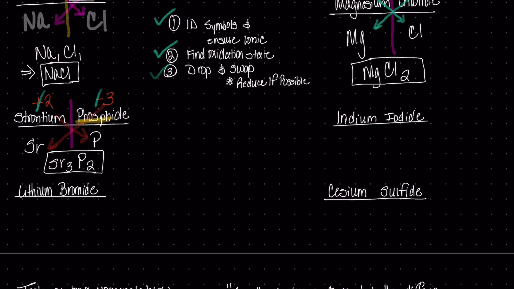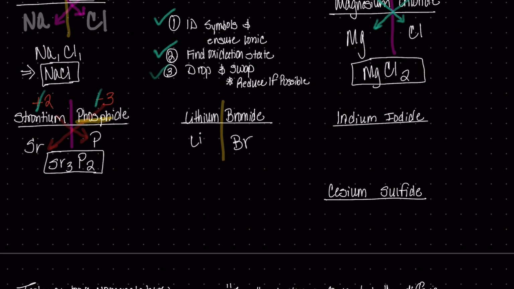Now let's get a little more interesting here. Now let's do lithium bromide since it's right here. Split it in half. You're dealing with one side at a time. Narrow the field, as it were. Lithium's chemical symbol is Li. Bromide comes from bromine. Lithium sits in 1A, so it's +1. Bromine sits in 7A, so it's -1.